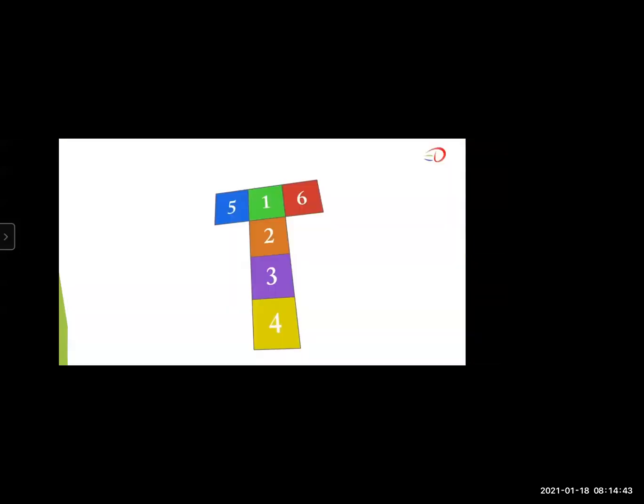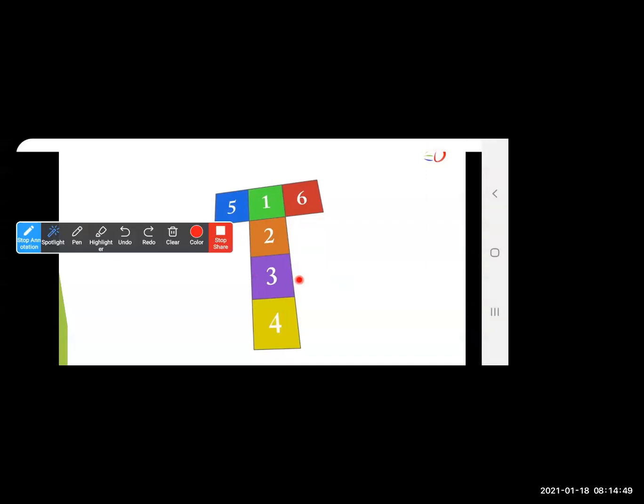And this is called a cube net. Easily we can find out how many edges, how many corners, how many faces it has. See here. Here we can count it. 1, 2, 3, 4, 5 and 6. So here they have 6 faces.